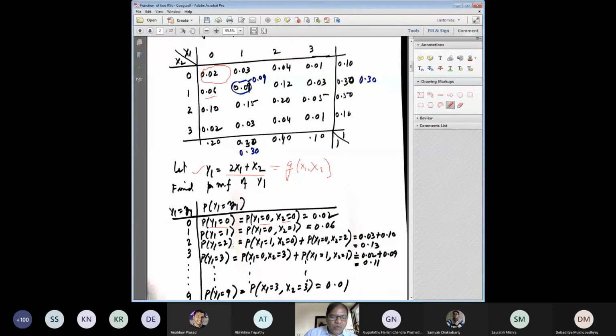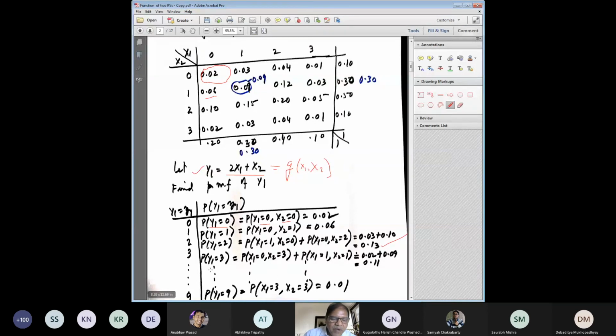For y1 equal to 2, y1 will be 2 when x1 equal to 1 and x2 equal to 0, or x1 0 and x2 takes value 2. So these are (1,0) and (0,2). So this probability is 0.13.